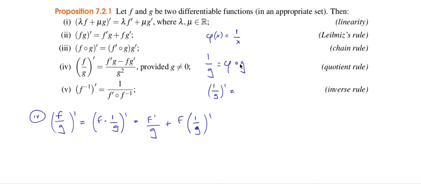So the derivative of this, applying the chain rule, is going to be phi prime evaluated at g times g prime.